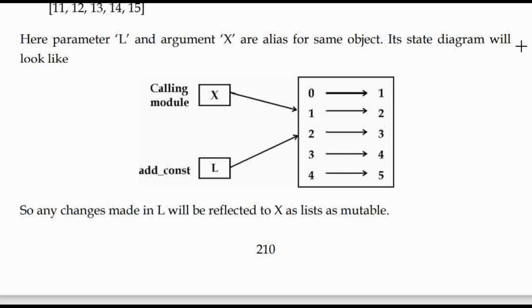Its state diagram will look like this: calling add_const(x), x is referring to 1, 2, 3, 4, 5, and L in add_const is referring to the same elements. So any changes made in L will be reflected in x, as a list is mutable.